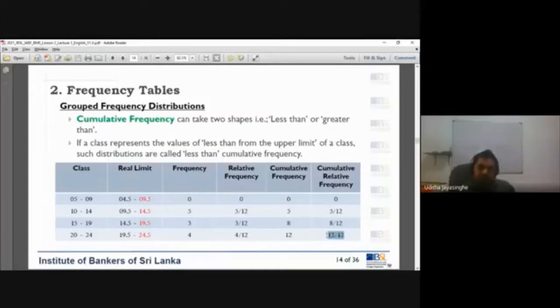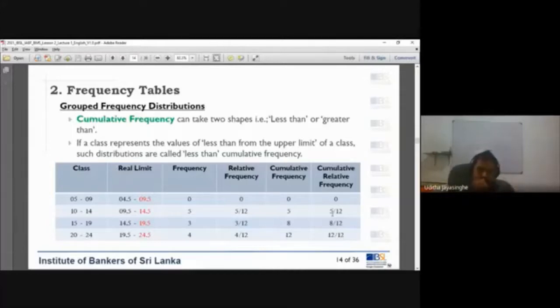At this point, one could understand that 100% of my data points are below this particular class, or 8 divided by 12, 75% of my data points are below this particular class. 5 divided by 12 is the cumulative relative frequency. So the whole idea is that from frequency, you can define the relative frequency, cumulative frequency, or cumulative relative frequency. Just keep in mind the simple steps to write each of these items.